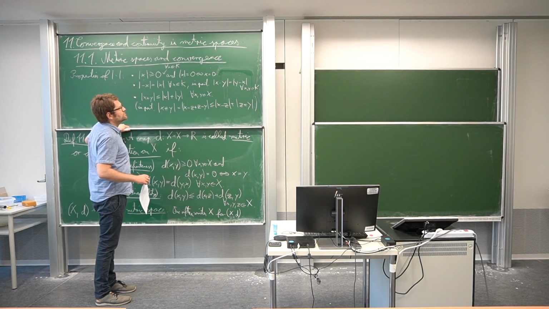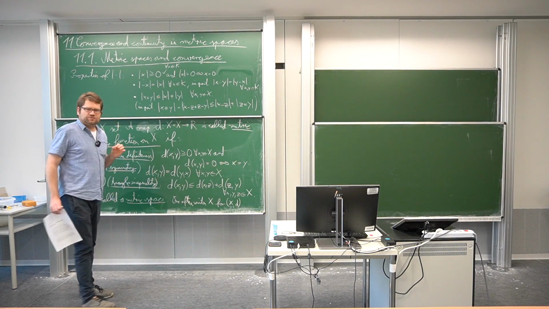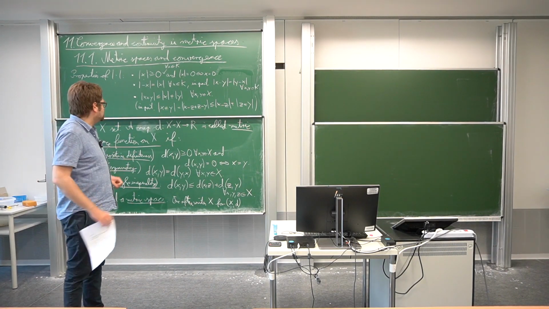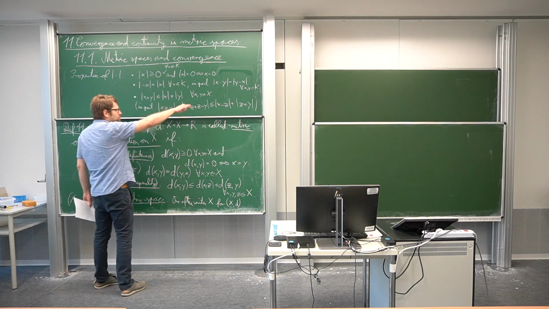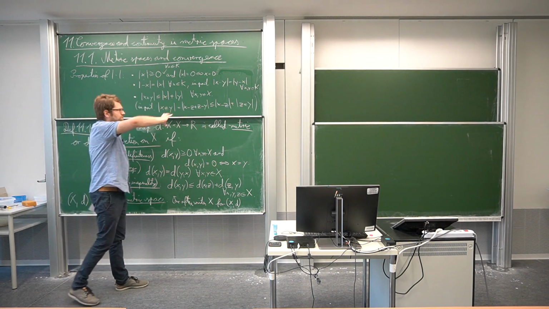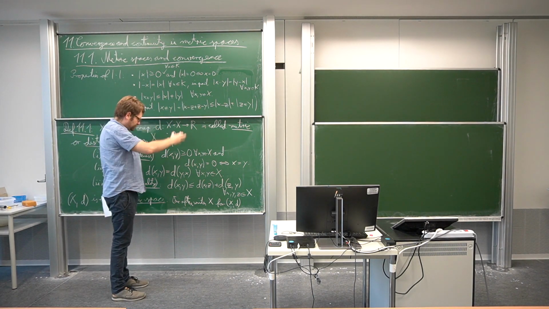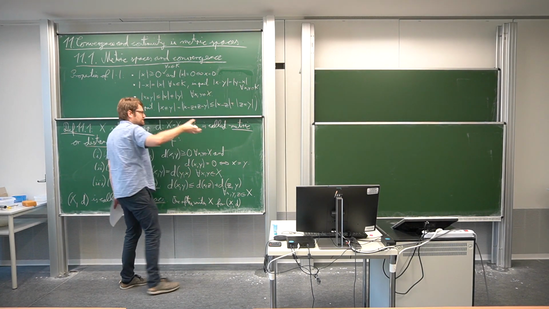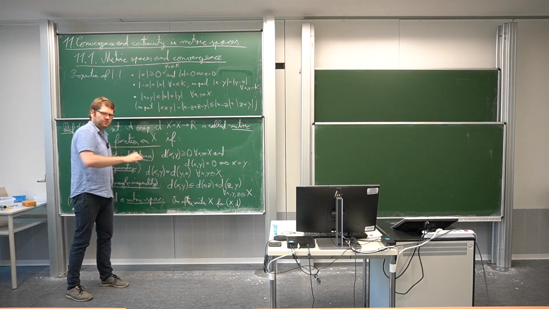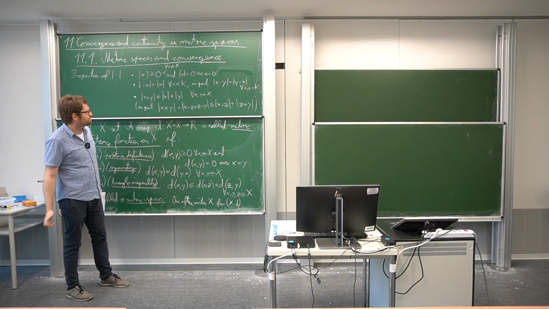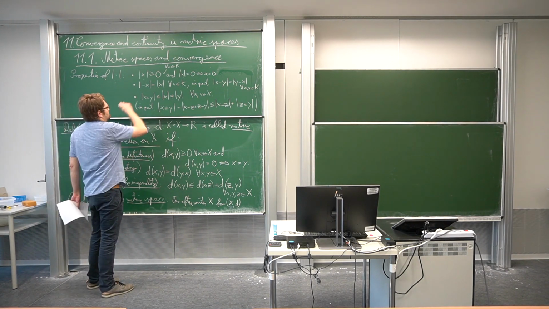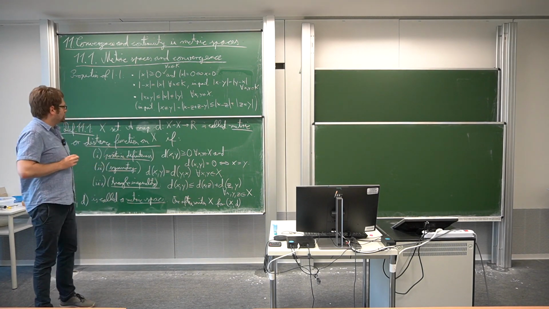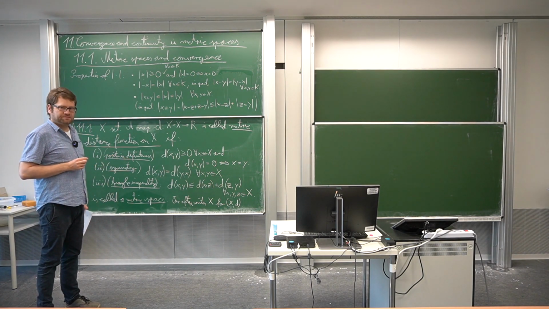Before I give you some explicit examples, I want to give you a theorem which contains a lot of examples. So this was the absolute value, and we saw that this defines a metric. If we take the absolute value of the difference, this defines a metric in this sense on the real numbers or the complex numbers. But if you take a look at these properties, there was a larger class of maps we could use, namely norms.